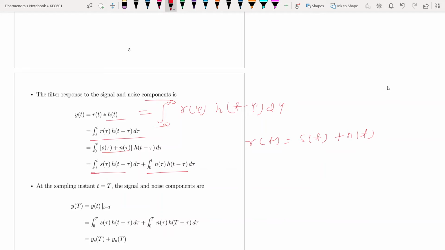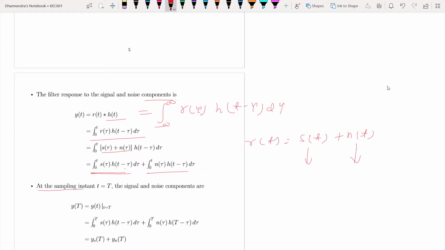We will have two integrals like this: s of tau h of t minus tau, plus n of tau h of t minus tau. Because the filter is a linear system, the response corresponding to s of t and the response corresponding to n of t can be summed.